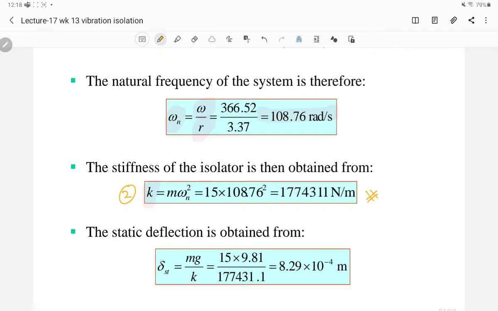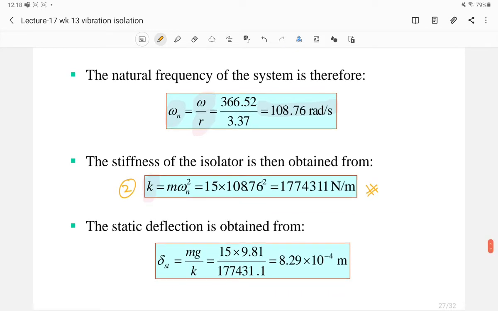They ask you what is K. Once you got your K, you have the relationship between static deflection and K, where mg equals K times static deflection.